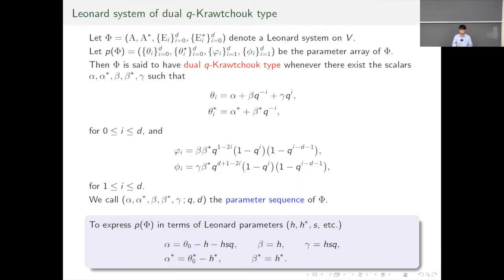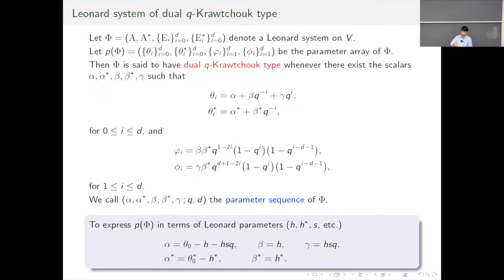Also, I give one remark. Actually, dual q-Krawtchouk type is a limiting case of Q-Racah type. To get dual q-Krawtchouk type, you just take r1, r2, and s star to 0 in the Q-Racah case.